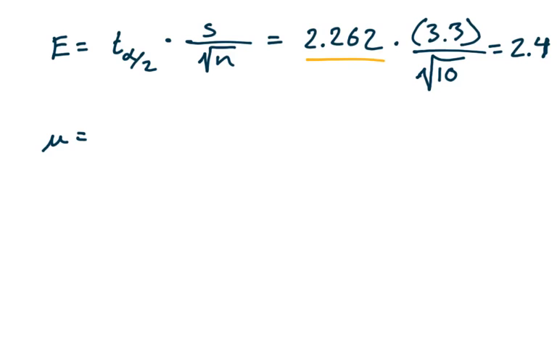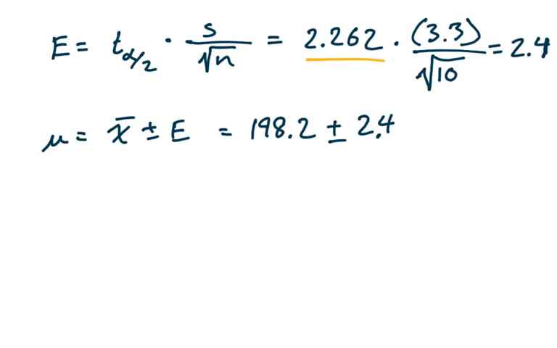So I say it like this: x-bar plus or minus E, that's what mu is equal to. It was 198.2 plus 2.4, and that would be the upper end of it. And then we do 198.2 minus 2.4, and that is the high and the low of the range that our parameter could be between.